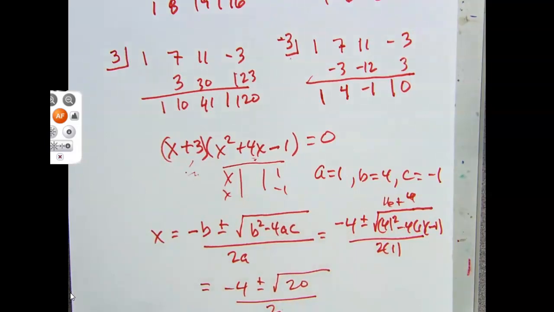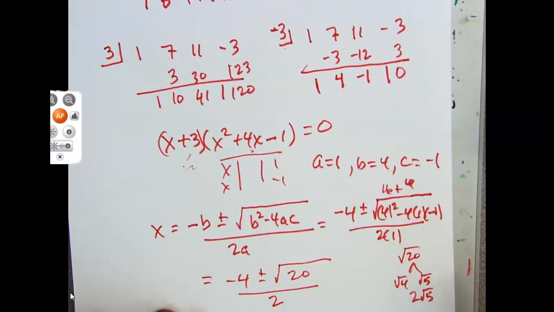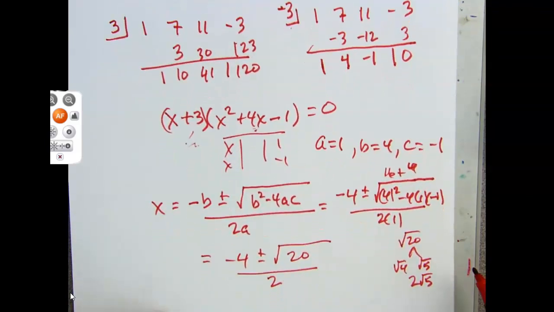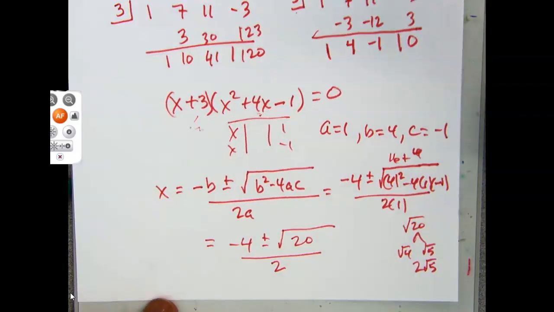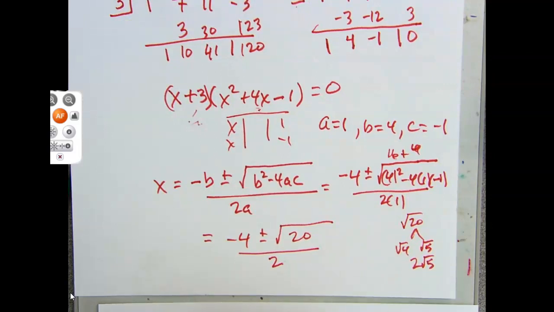And then we should know that 20 has a perfect square factor, so the square root of 20 is the same thing as the square root of 4 times the square root of 5, or 2 square root of 5. All right, so this now becomes negative 4 plus or minus 2 square root of 5, divided by 2. And 2 goes into both of these terms evenly, so that'll be negative 2 plus or minus the square root of 5.